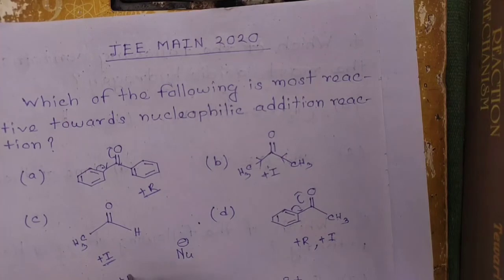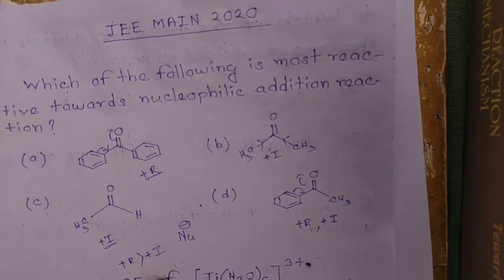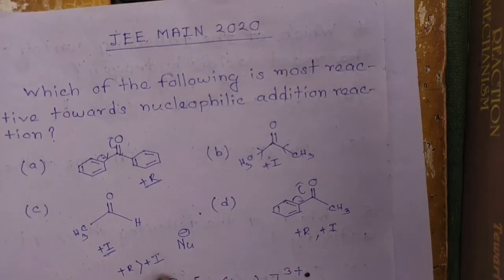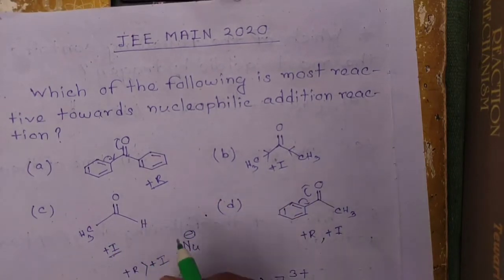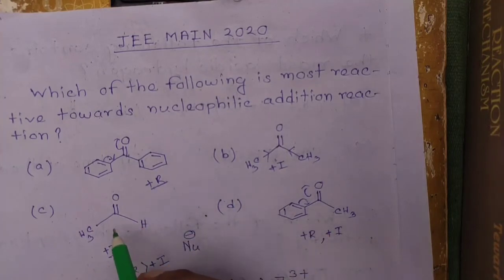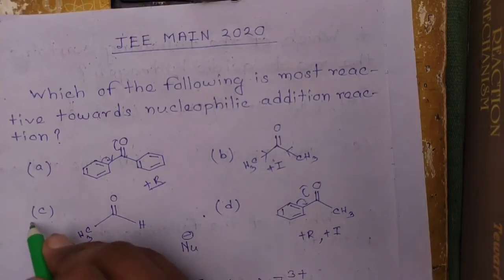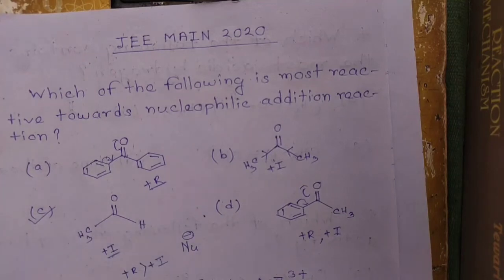So plus R effect is more dominating than plus I effect. So we can easily depict that compound C will be more reactive towards a nucleophilic addition reaction.